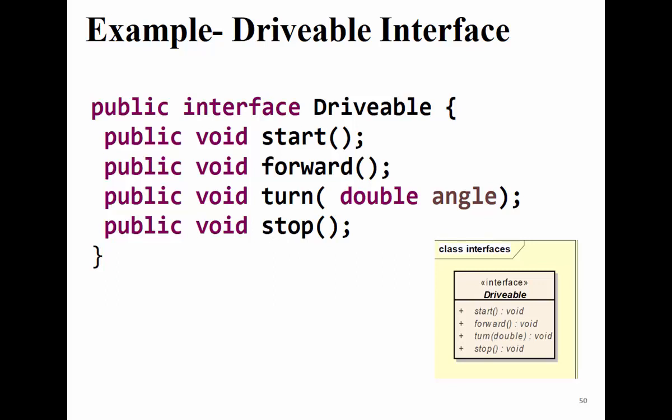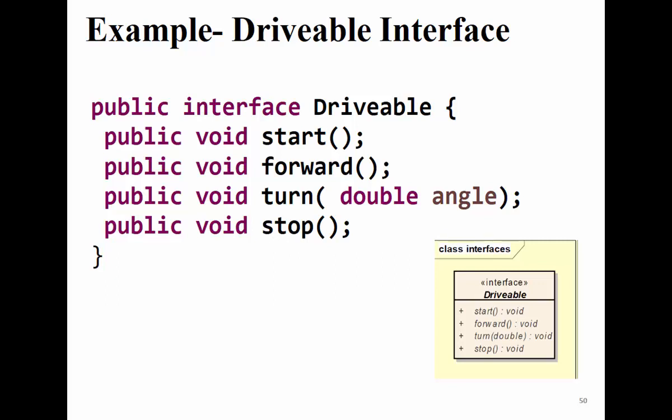It is a signature of the methods. There are no definitions, no bodies for the methods, and we say anything that can move, Drivable, should have a start method. I know that driving the bicycle is different from driving the car, so the start method implemented on the bicycle is different from the motorcycle, is different from the car, but I know that bicycles, motorcycles, and cars are all drivable objects. Is that right?